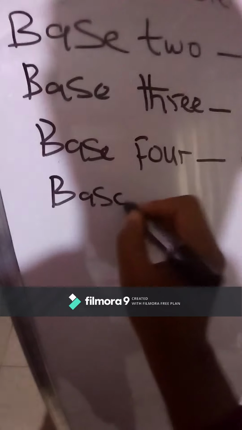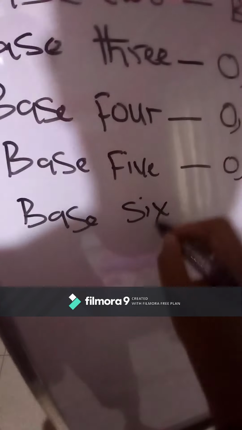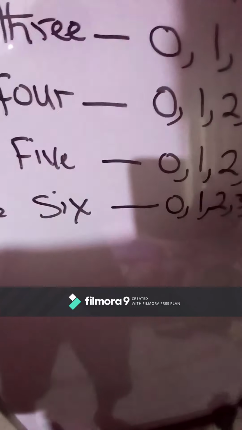So for base 4, we'll be having 0, 1, 2, 3. Base 5 will be having 0, 1, 2, 3, 4. Number base 6 will be having 0, 1, 2, 3, 4, 5.